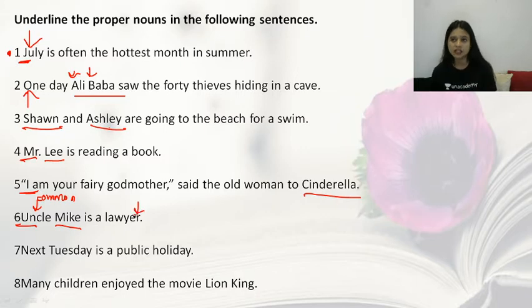When you say I need a lawyer, you mean any lawyer. You're not sure about whom you need or which particular lawyer you're talking about. But Mike is the name of a person. When you say, Mom, I'm going to Mike's house, your mom knows who this Mike is, who you are going to meet, and who this particular person is. We are specific about the identity. So yes, Mike is a proper noun.